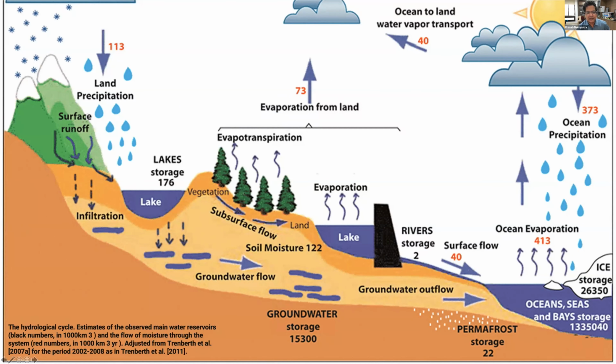Similarly, you can also see the black numbers like 176. Those are the total storages. These numbers are in units, and one can see this reference for details regarding the numbers. But the point I am trying to mention here is that the total volume of water is a kind of constant.